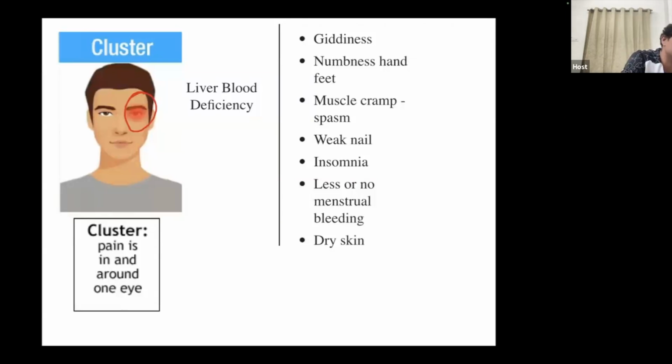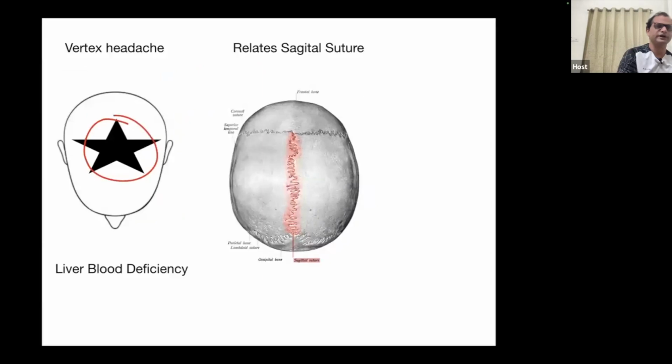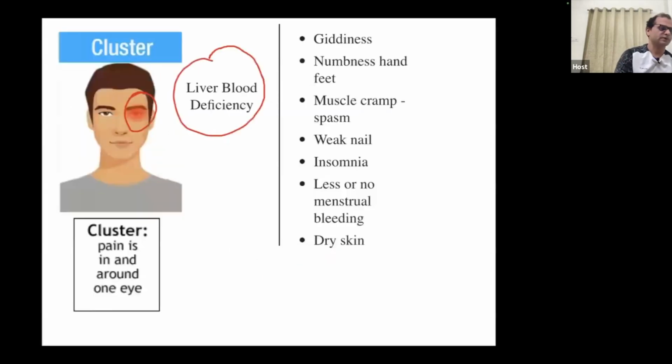This also might be because of the liver blood deficiency. Got it? So 2 types of pain. Number 1, vertex headache. Number 2, the pain in and around the eyes area.